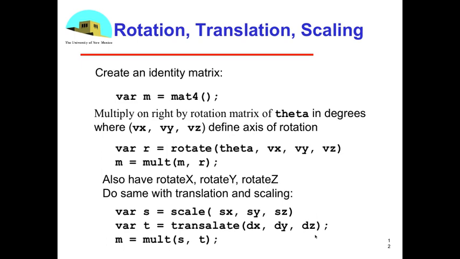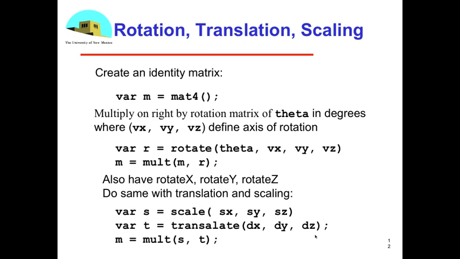One is I could just set a rotation matrix, giving it the axis of rotation, Vx, Vy, Vz, that's the direction, and how many degrees I want to rotate about that axis. So that's the general function. We also built in a rotateX, a rotateY, and a rotateZ. So you can say r is rotateX of 90 degrees, for example, which is a little bit simpler.